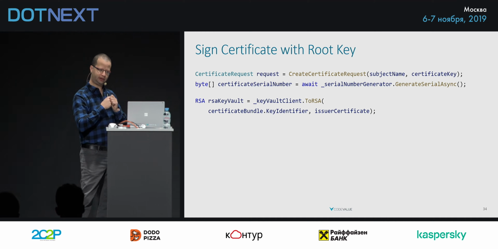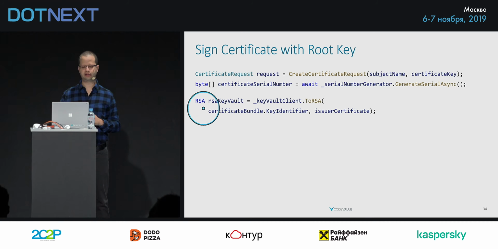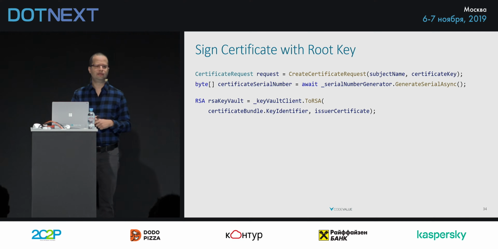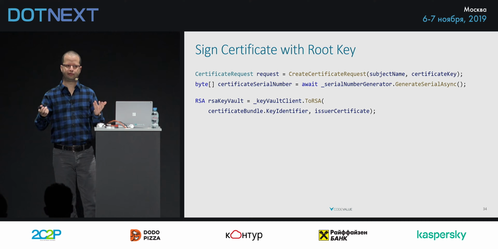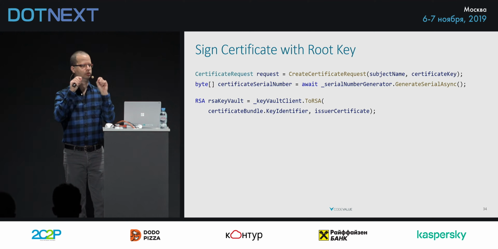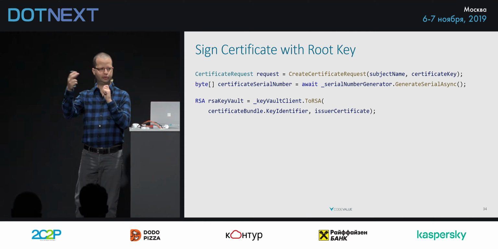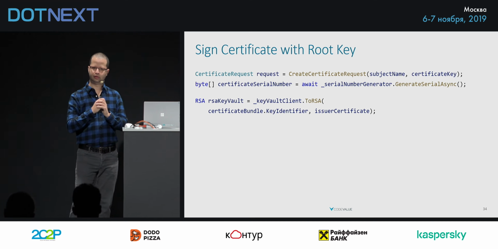But the nice thing is with this abstraction, we can use this RSA class anywhere that .NET expects an RSA key. And that code doesn't even need to know that Key Vault is used there. So if you want to use your own platform, this is exactly the hook that you can use. Just implement your own RSA key, or if you want to use another algorithm, that algorithm's key, using your own platform.